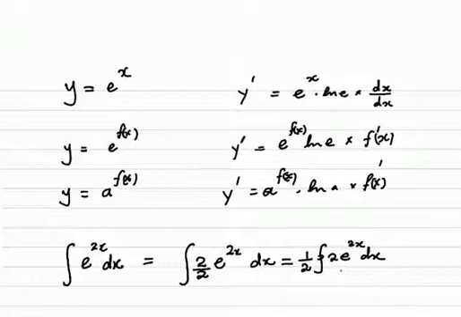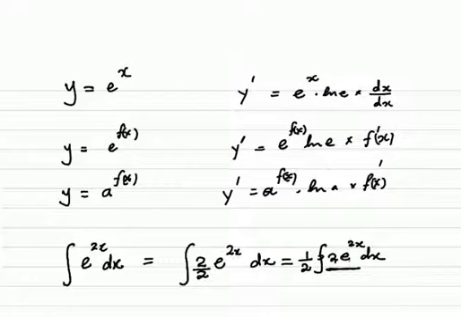Then once this expression under the integral sign is in the form of the derivative of the function, remember ln of e is 1, so the 1 is included there as a factor, and then f prime is included as 2.